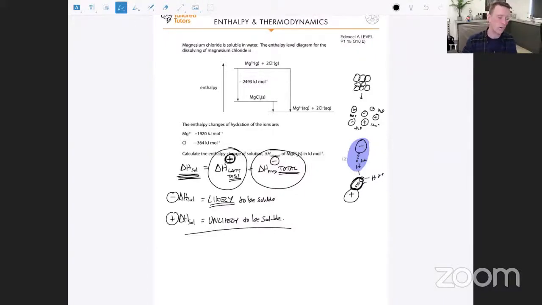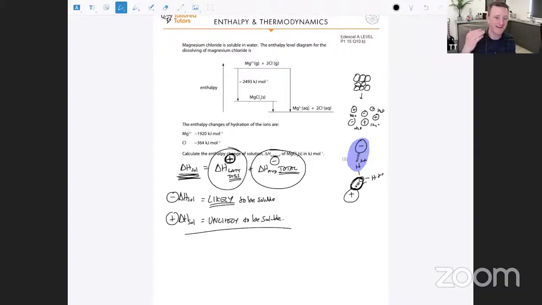So whether this is going to be a feasible reaction, because dissolving is a reaction really, isn't it? You're getting a change in state. So what we're doing here is taking one of a few things that go towards dictating whether something's soluble or not. That's why we say it's more likely to be soluble.